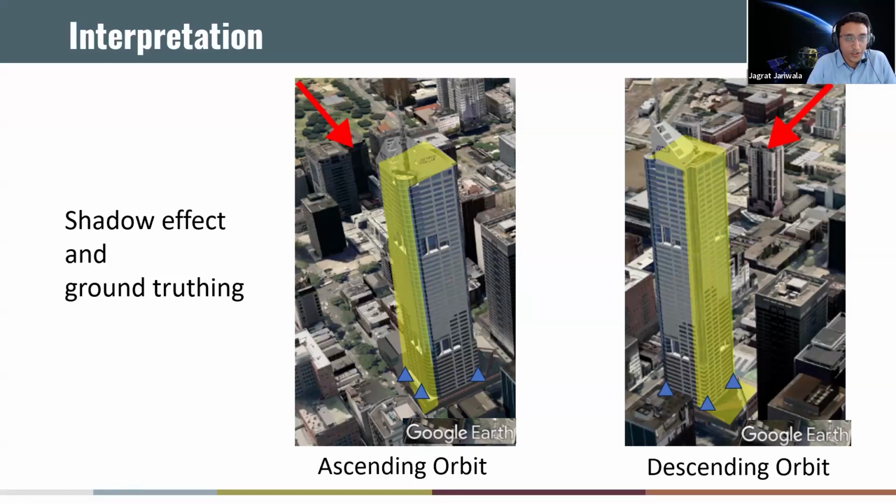Now, if you are using this to ground truth data and your survey control points, let's say, or your GPS points are on one of the faces, then comparing the total movement estimates is not comparing apples to apples.